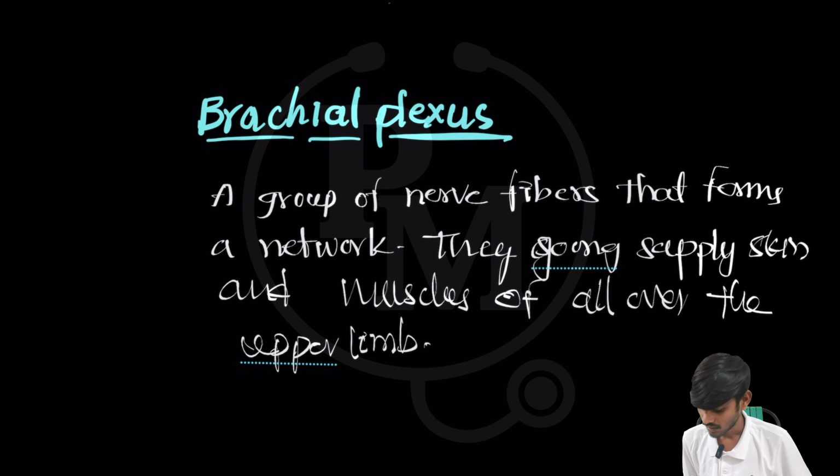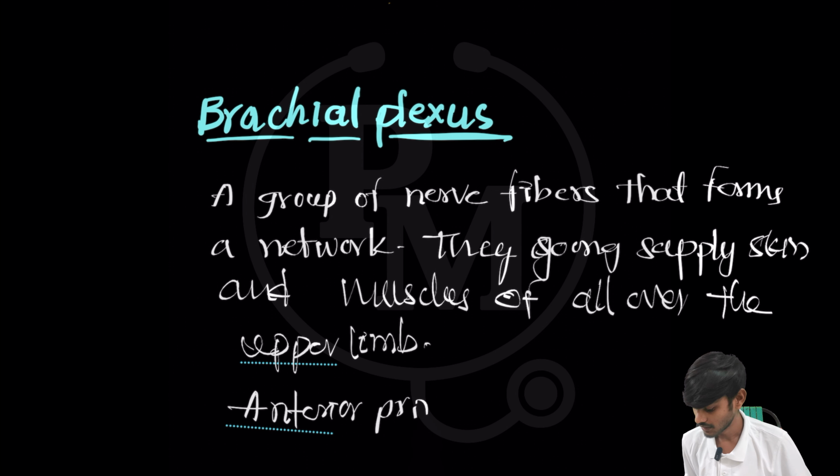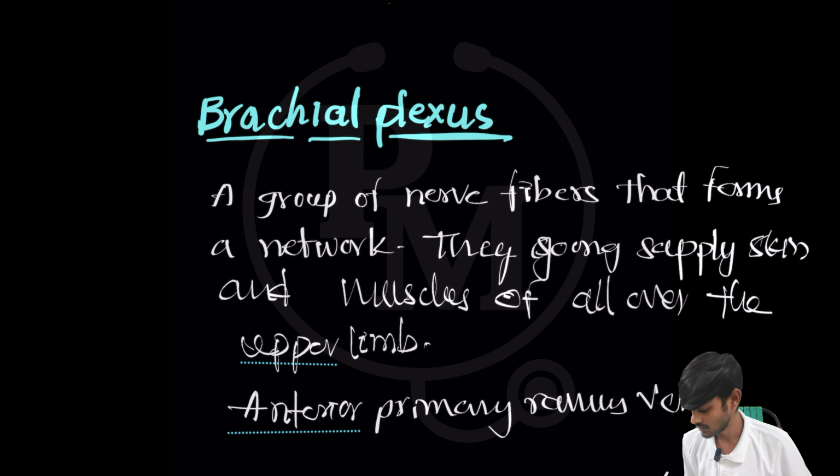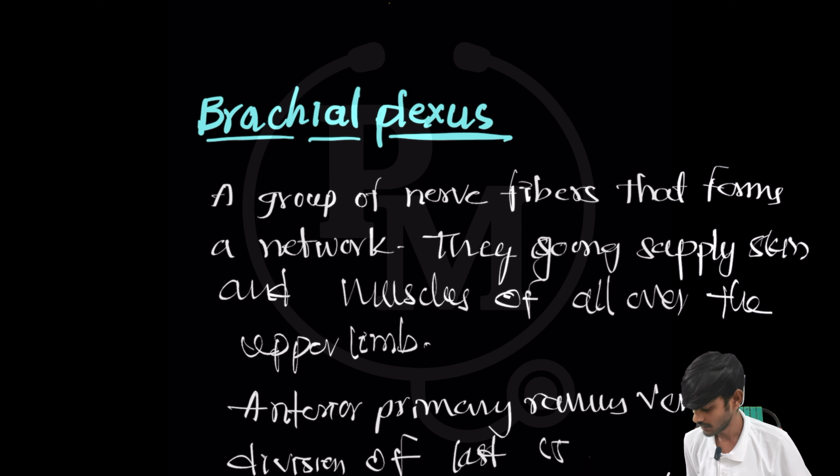Firstly, they arise from the anterior primary ramus of ventral division of last C5, C6, C7, C8 and the first T1 spinal nerves.